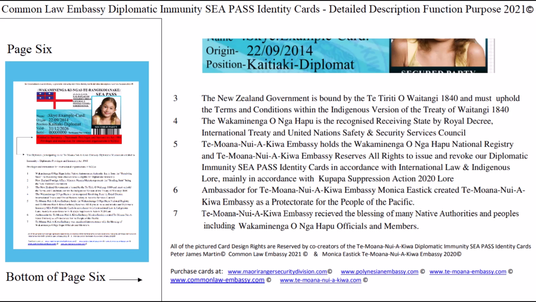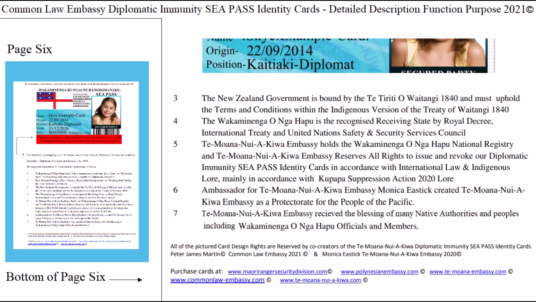Te-Moana-Nui-A-Kiwa Embassy holds the Wakamingi o Ngā Hapu National Registry, and Te-Moana-Nui-A-Kiwa Embassy reserves all the rights to issue and revoke our diplomatic immunity CPass identity cards in accordance with international law and Indigenous law, mainly in accordance with the Kaupapa Suppression Action 2020 law that was activated, moved and lodged with Crown Law.